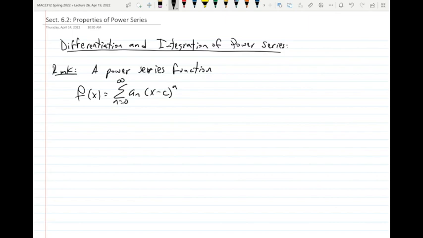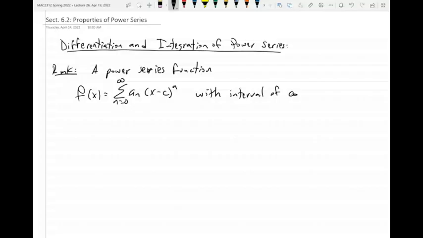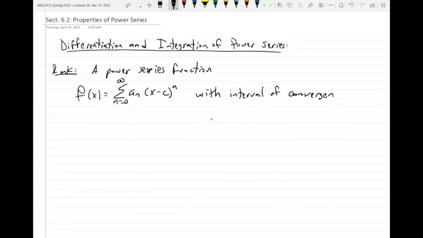This is how every power series looks, for some center c and some coefficient sequence a_n. Every power series looks like this, with interval of convergence (c minus R, c plus R).